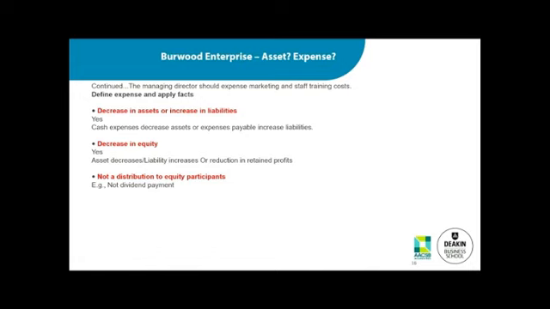Is it a distribution to equity participants? Is it a distribution to the shareholders? The simple answer is very clear: it is not. This is not a dividend. This is not a form of dividends or any form of payment to the shareholders. This simply cannot be categorized as a distribution to the owners.